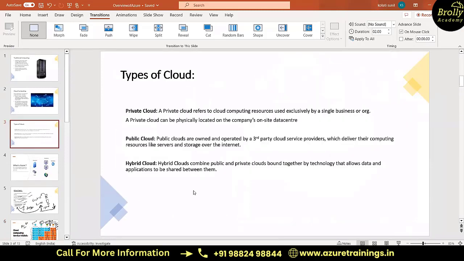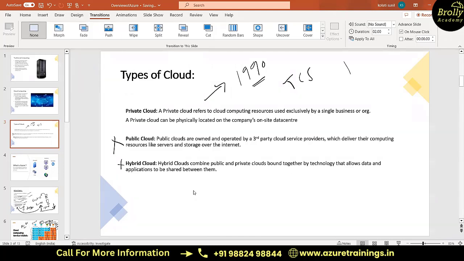Private, in the sense, think we have private mostly in the late 1990s. We don't have that concept called public and hybrid cloud in the late 1990s. Private cloud, in the sense, think TCS.